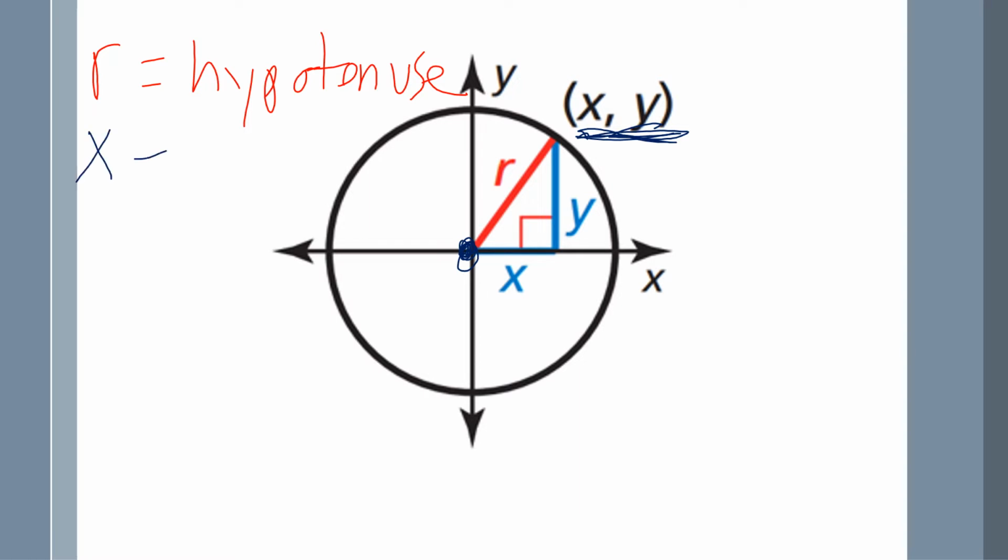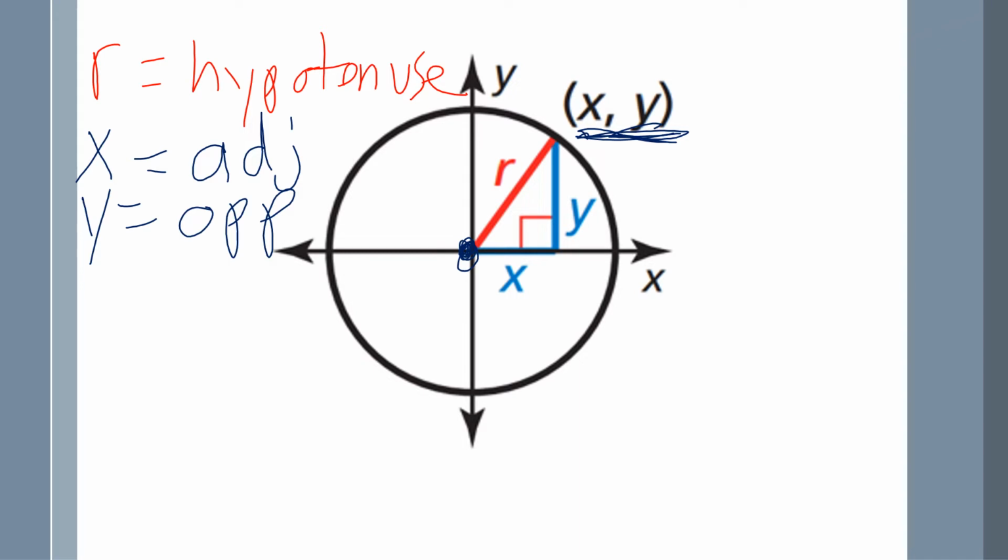X is the adjacent leg. I'm going to abbreviate that ADJ. You could do that too. And Y is the opposite. I'm going to abbreviate that too. So this is really how the Pythagorean came to be.